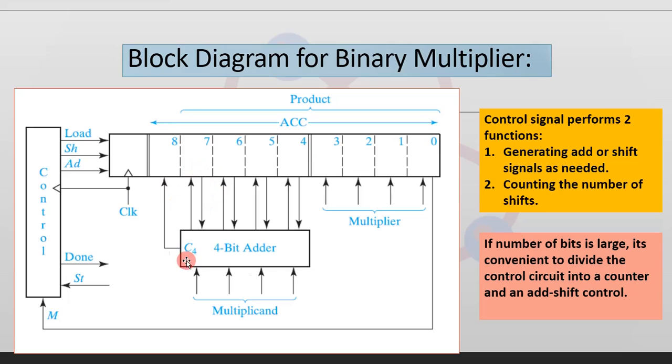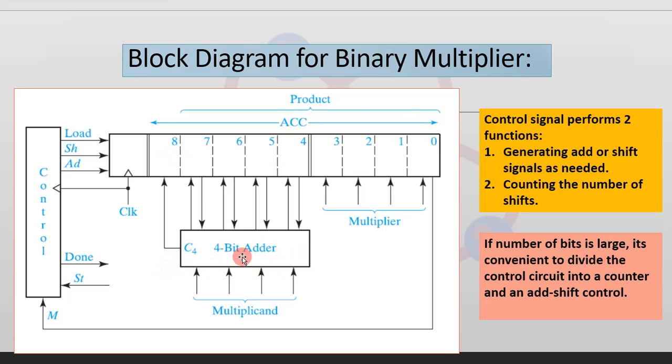As you can see in the block diagram, the 4 bits from the accumulator and the 4 bits from the multiplicand register are connected to the adder inputs, which are indicated by the arrows in the diagram. The 4 sum bits and the carry output from the adder are connected back to the accumulator.